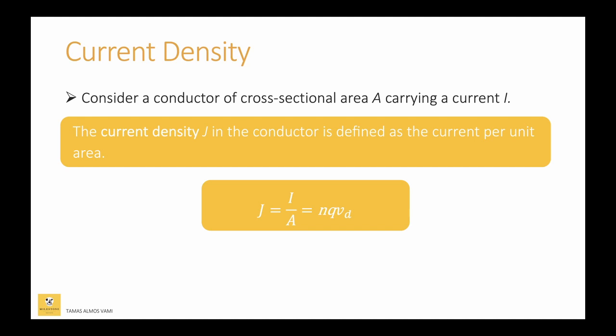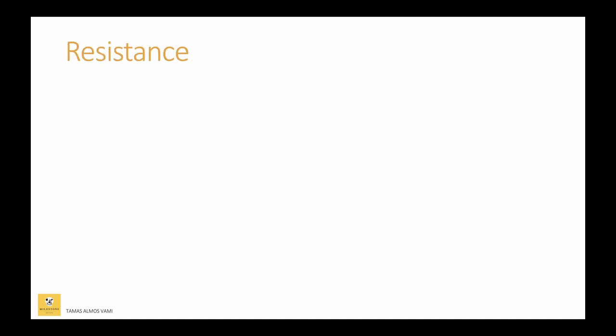If I go back to the definition of I before, this had an extra A in it, so by dividing with A, we get something that doesn't contain any information irrelevant for the current, like the size of the cable, the length of the cable, the time, and so on. This is all excluded from this current density J. And so the unit of J is ampere per meter squared, as the definition was that we divided the current with the area.